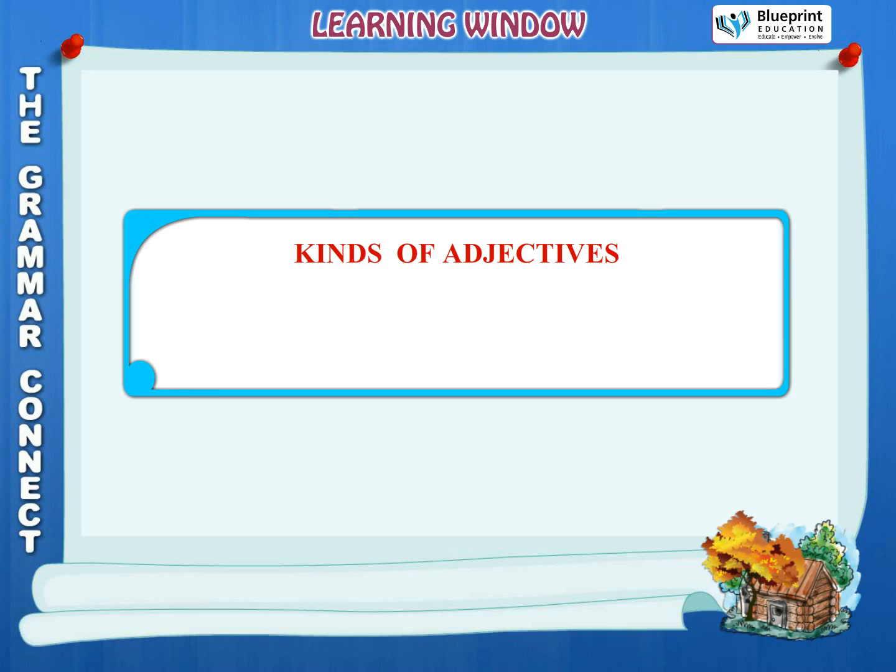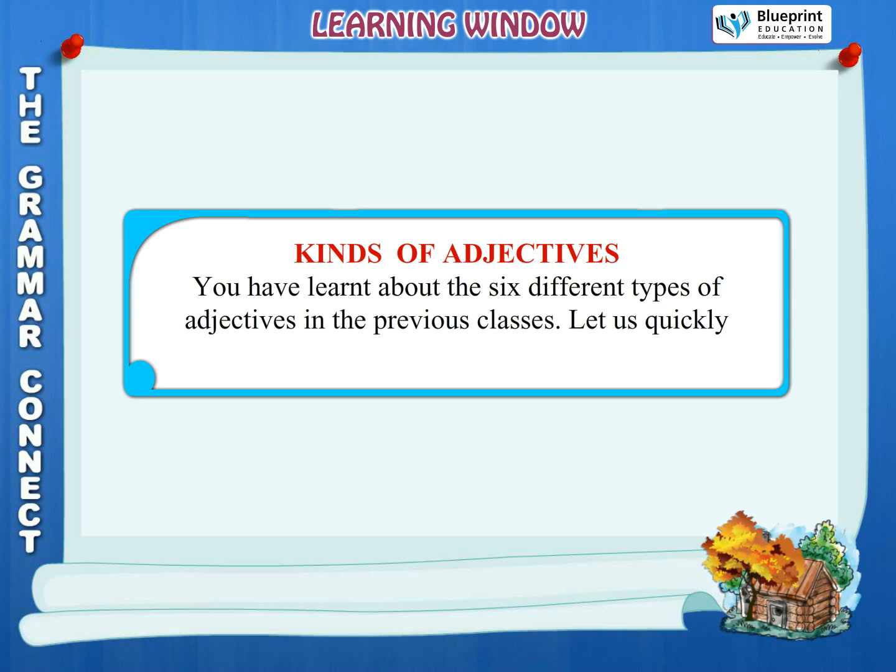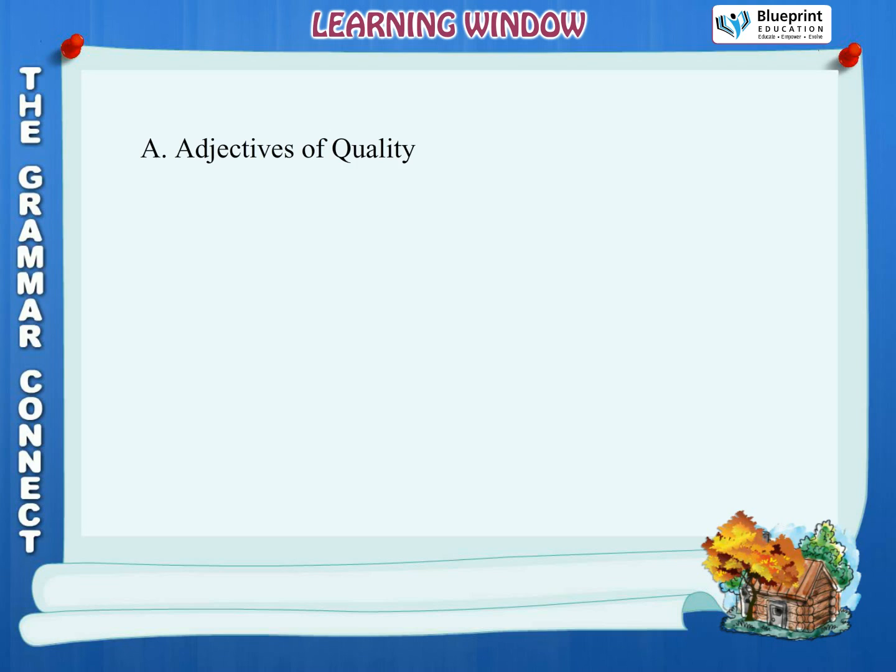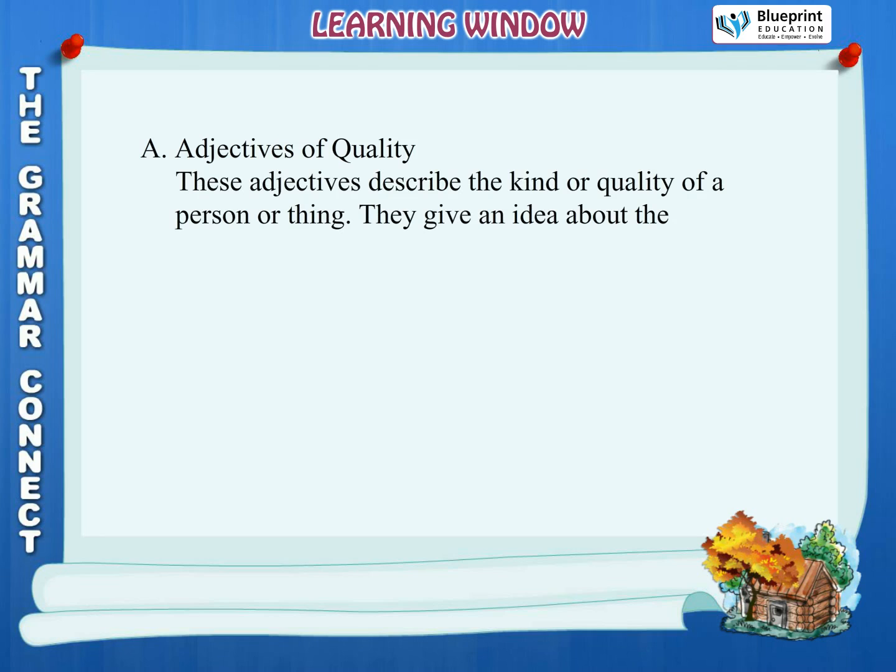Kinds of adjectives. You have learnt about the 6 different types of adjectives in the previous classes. Let us quickly revise these adjectives. A. Adjectives of quality. These adjectives describe the kind or quality of a person or thing.